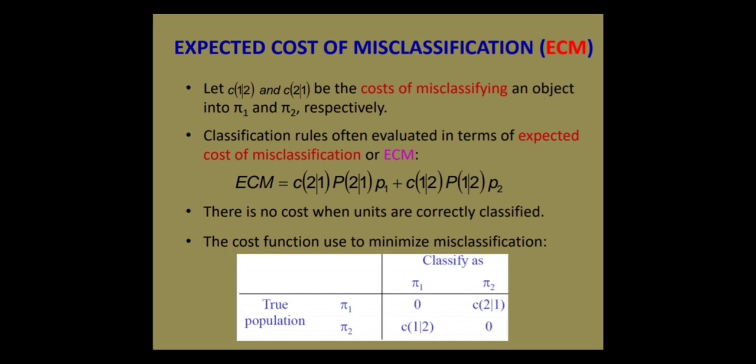So to calculate the expected cost of misclassification is the formula. We need the value of the cost of misclassifying dan juga nilai tadi conditional probability dan juga prior probability. So we want the ECM as small as possible.